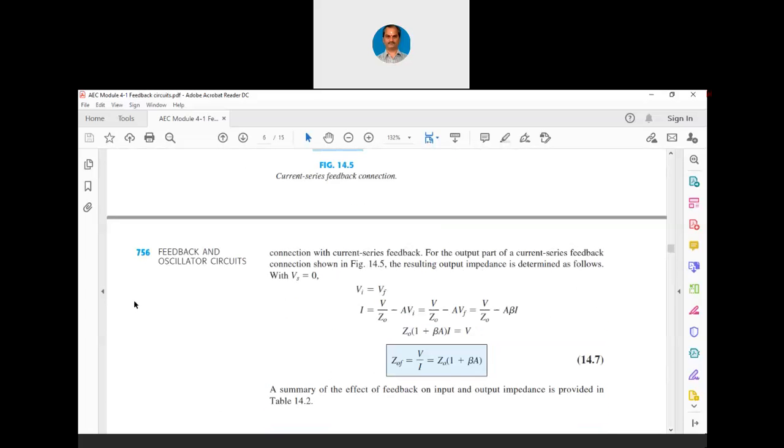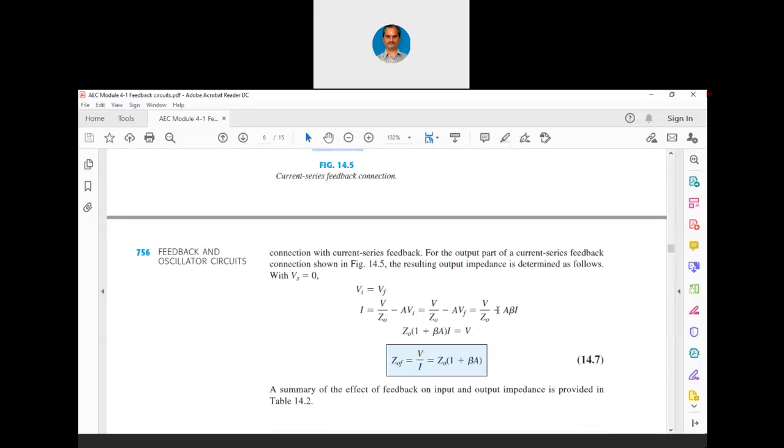Now let me continue. Now the output part of a current series feedback connection shown in figure 14.5, the resulting output impedance is determined as follows. With Vs equals 0, Vi equals Vf, same as the earlier case. I equals V by Z naught minus A into Vi. That is V by Z naught minus A into Vf itself.